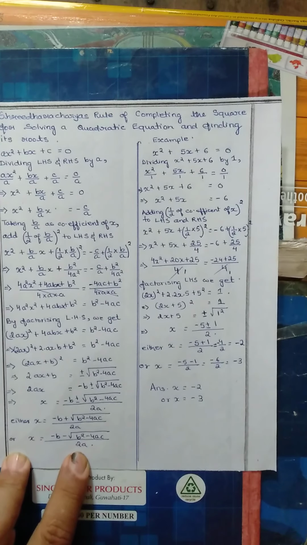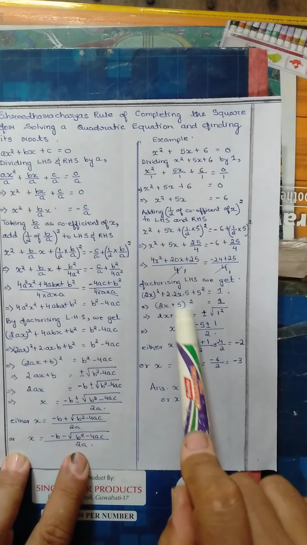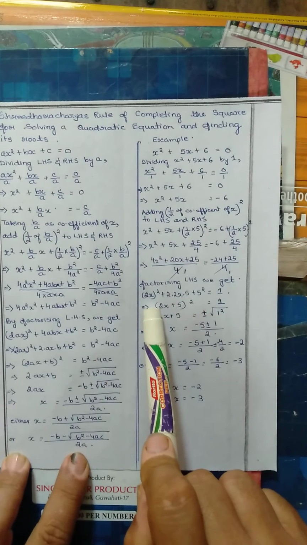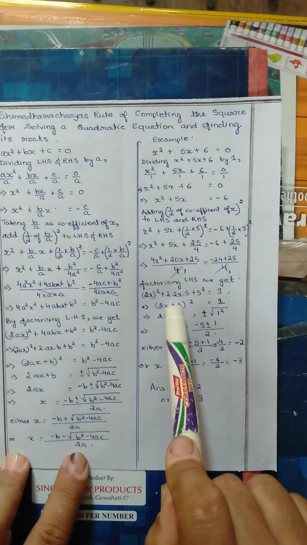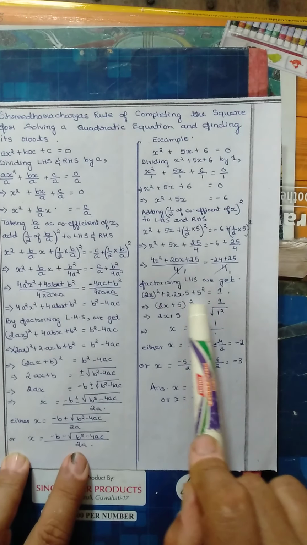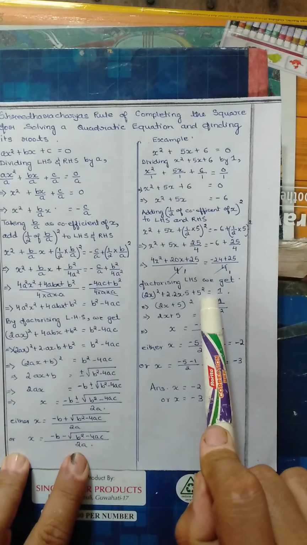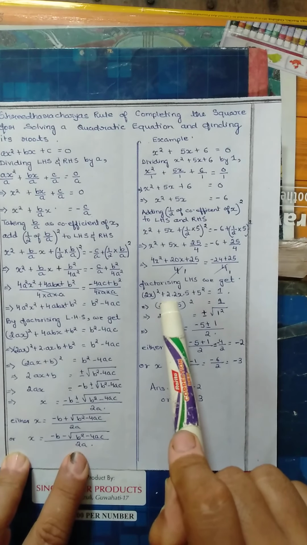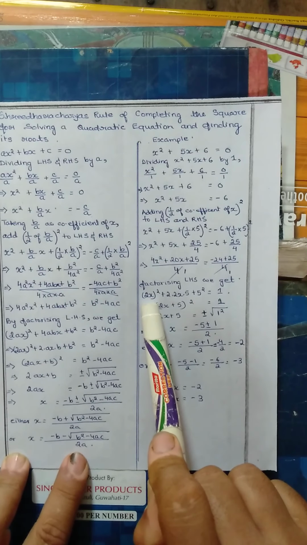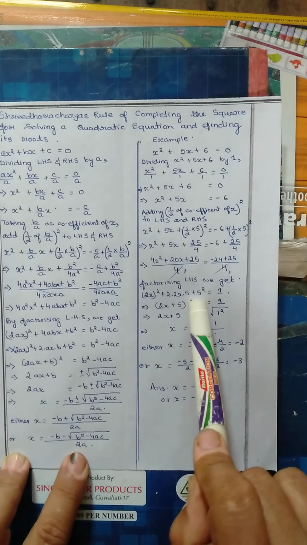Now what happens is, on factorizing the left hand side, you get (2x) whole thing square plus twice of 2x and 5 plus 5 square, which implies that we are using the formula (a + b) whole thing square is equal to a square plus twice ab plus b square.